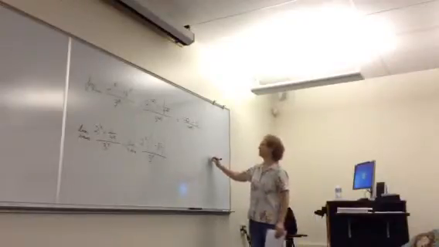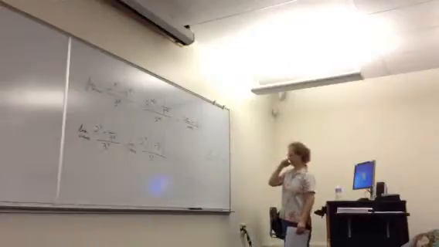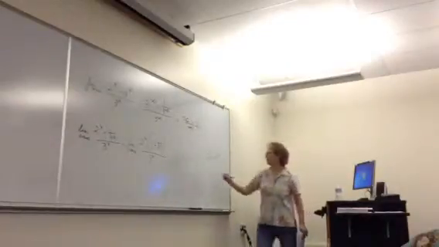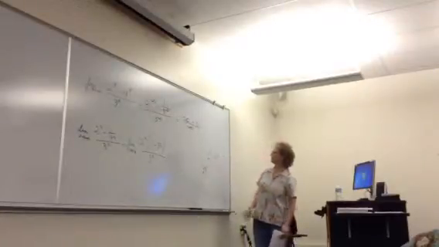So let's just kind of go to here. And let's say, well, if I factor 2 to the x out of here, that means I'm going to have, oh, that's not right.